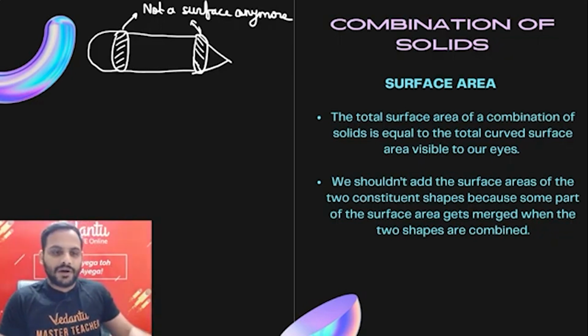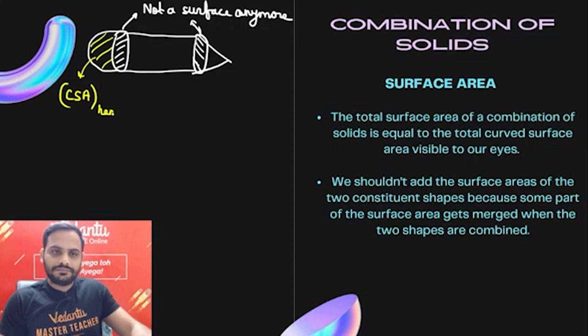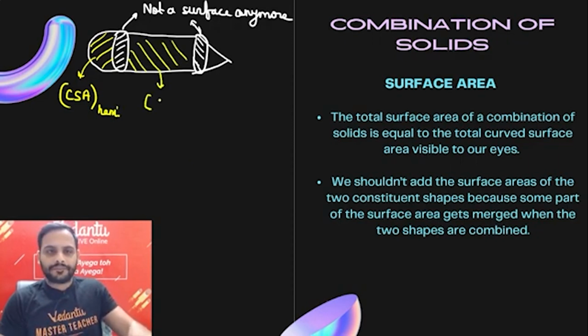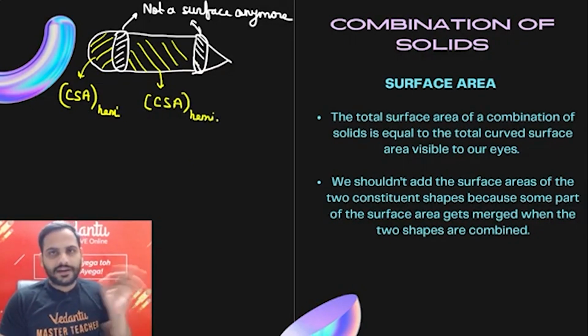In the hemisphere, we have the curved surface of the hemisphere. Then I have the curved surface of the cylinder, because top and bottom are no longer a surface, they are inside the solid.